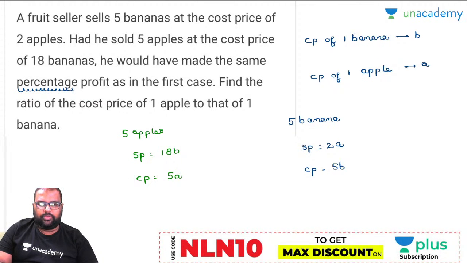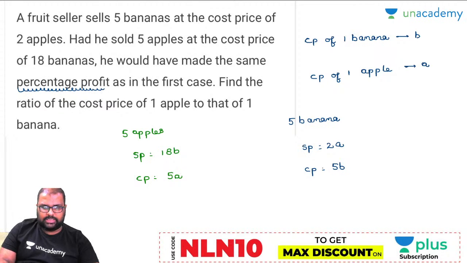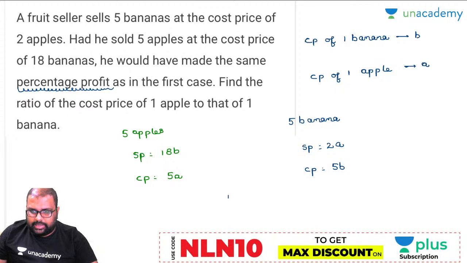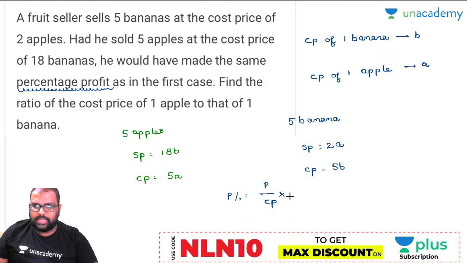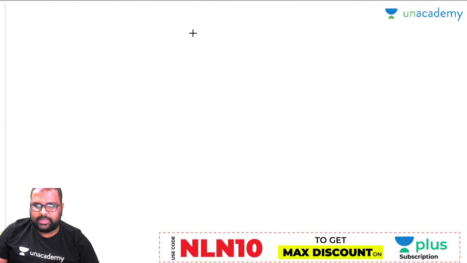What is the formula for percentage profit? Can I write it like this? Percentage profit is equal to profit by cost price into 100. Now what is the question asked? Find the ratio of cost price of one apple to that of one banana, and that's a purely easy case. Now I'll write first for bananas here. Profit is nothing but selling price minus cost price.